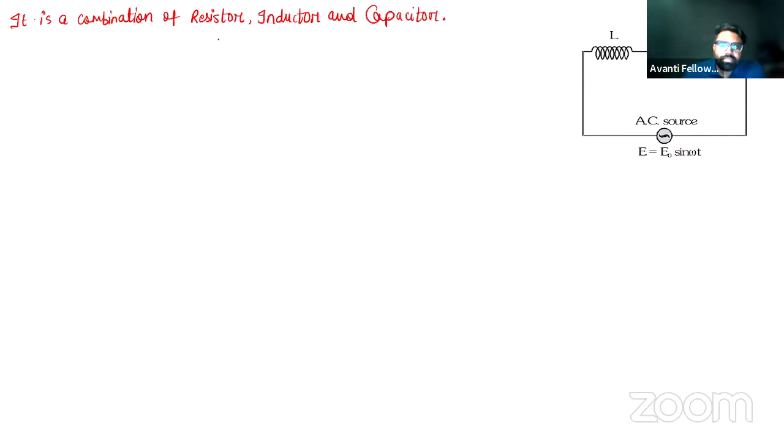There are two types of this circuit. The LCR circuit is also of two types: series LCR circuit, and the next one is parallel LCR circuit.